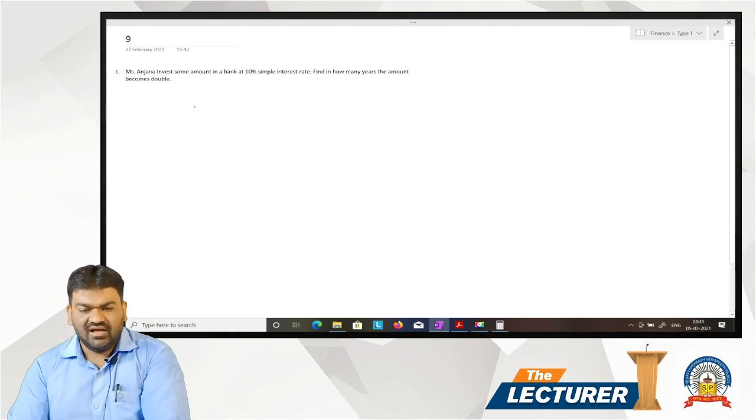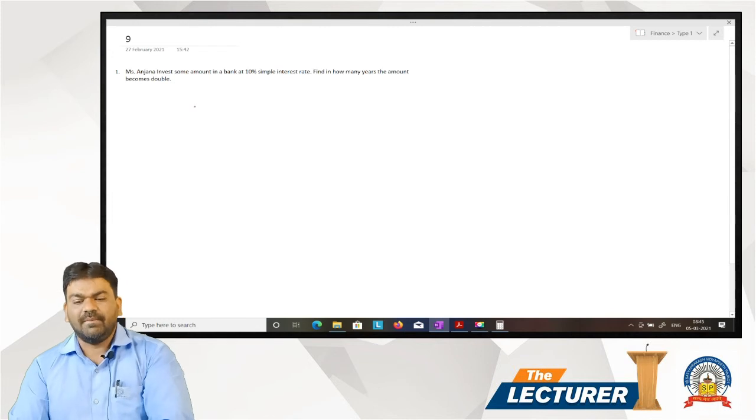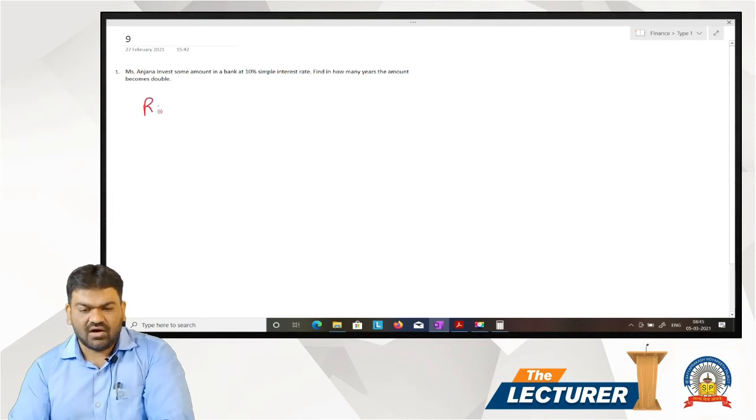Next, example number 9. Miss Anjana invested some amount in a bank at 10% simple interest. So R is equal to 10. Find in how many years the amount becomes double. So let's see.